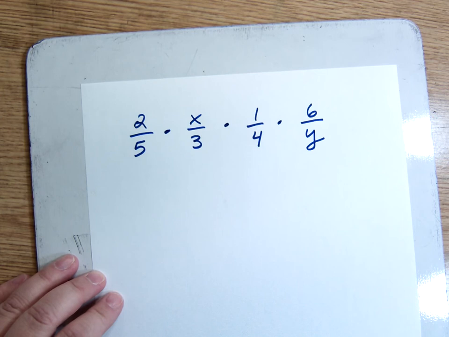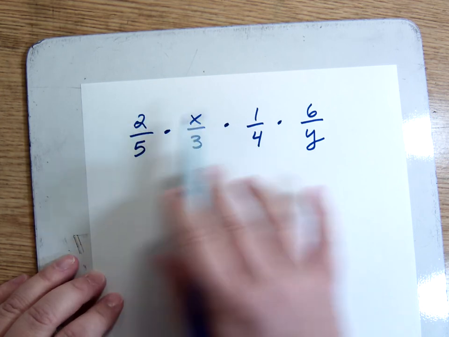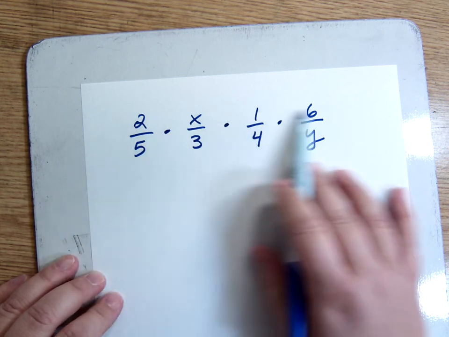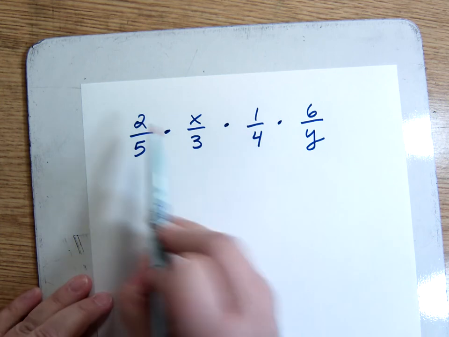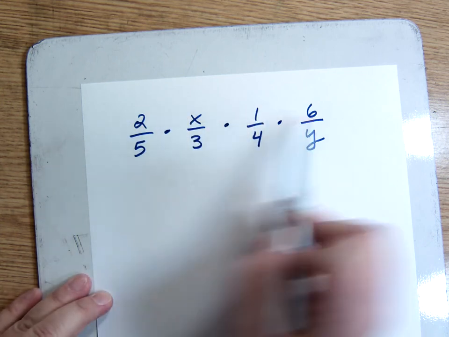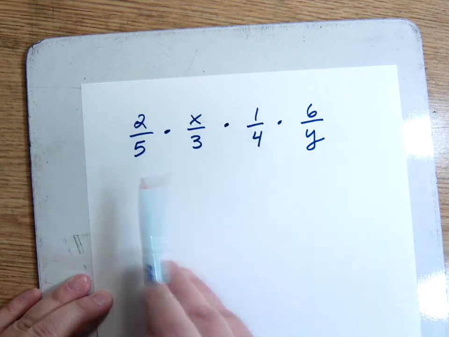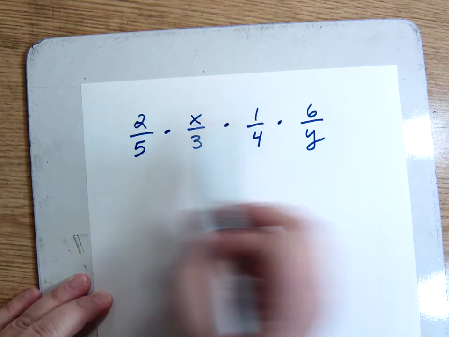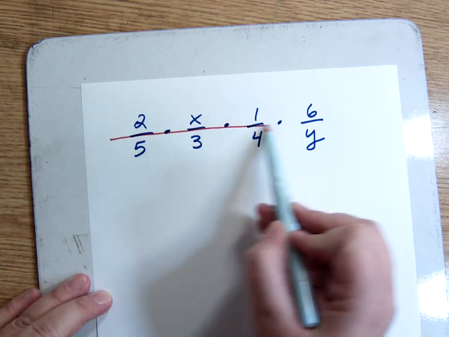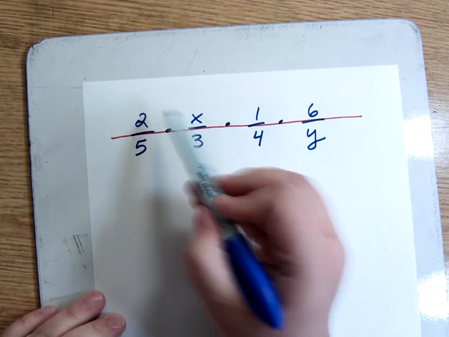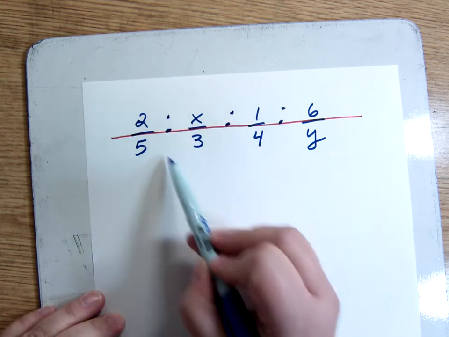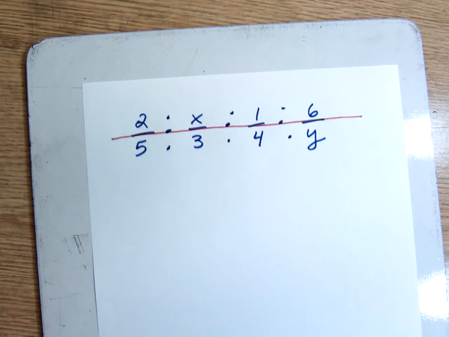It doesn't matter how many fractions you're multiplying, you're really just doing top times top times top times top. You just multiply all the way across the top. Everything that's on the top is going to end up on the top all multiplied together. Everything on the bottom is going to end up on the bottom all multiplied together. You could kind of think of it as one big fraction bar: 2 times x times 1 times 6 on top, 5 times 3 times 4 times y on the bottom.